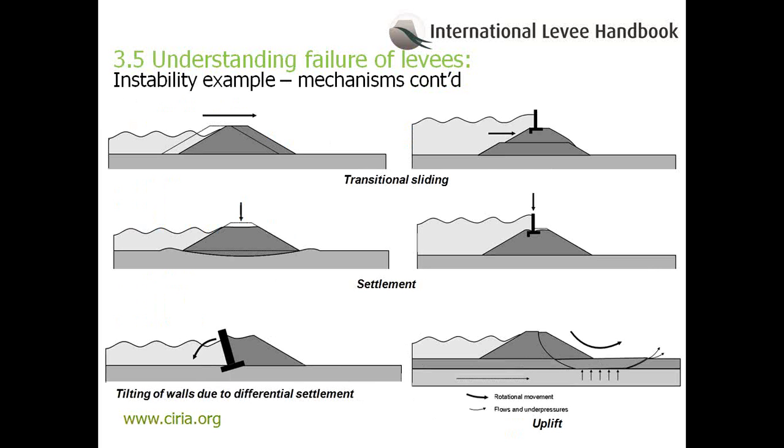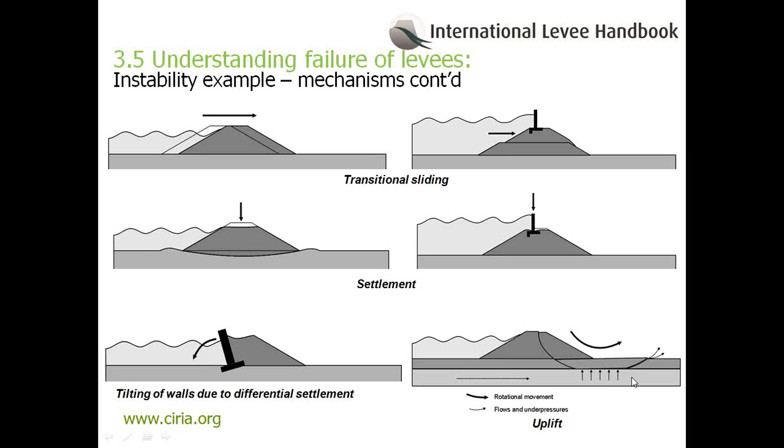These next images are a continuation of the mechanisms for instability. Translational sliding, shown in the top two images, is when the presence of a very weak surface layer of peats and clays in the foundation or body of the levee results in a horizontal block movement of an embankment. There's also consolidation, settlement, or tilting shown in these other images.